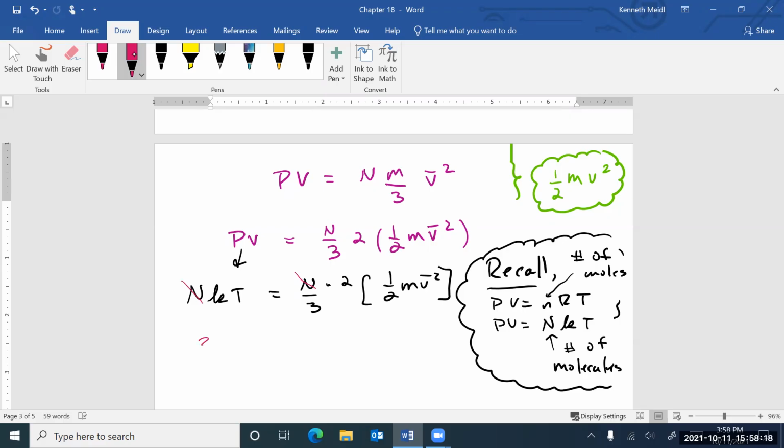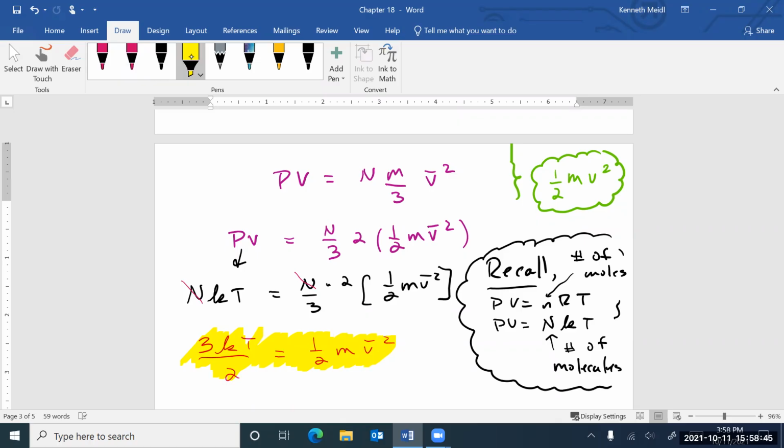I'm going to multiply this 3 over here, 3kT, and this other 2 will come over here, equals something like a 1/2 mv, and that's the average velocity squared. And this right here is really the result that is important in chapter 18.